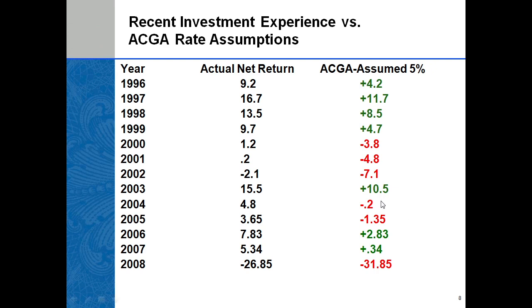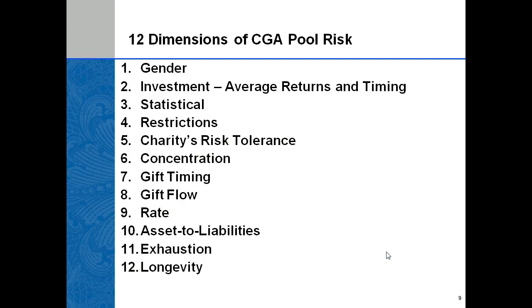I think there have only been 2 years, looks like 2004, it was only 0.2 off the 5%. In 2007, it was about 34 basis points above the 5%. Those were the only two that even came close to matching a 5% return, and that was, again, the assumed average return of the ACGA over that time period.